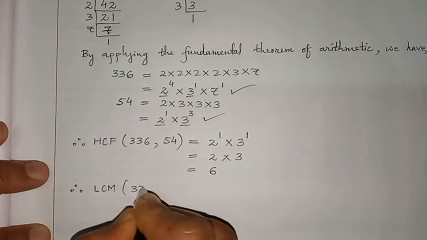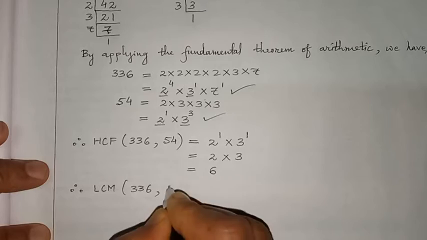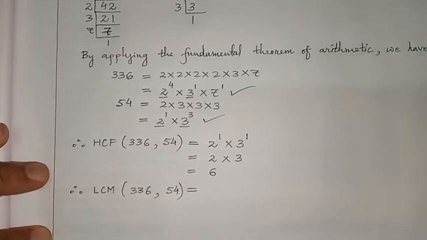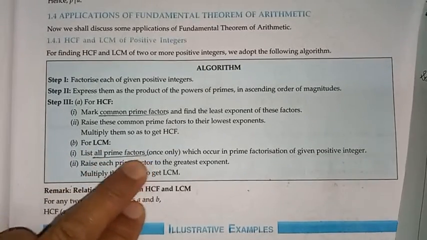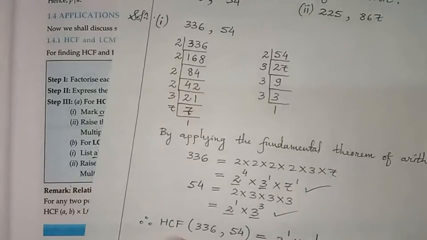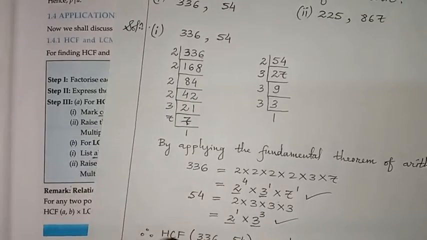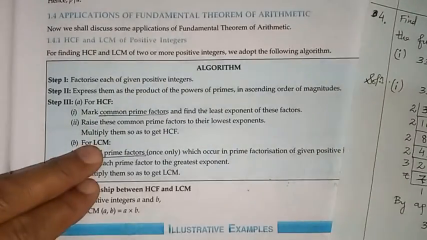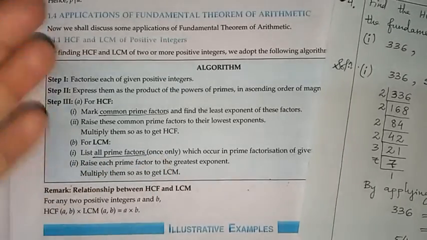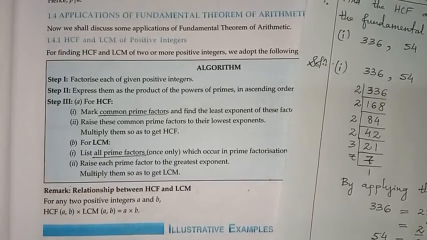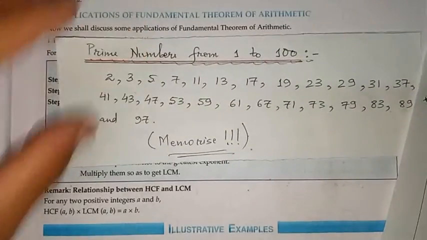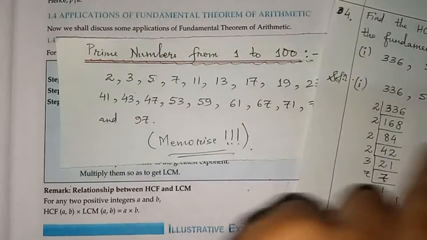LCM of 336 and 54. As explained in the last video, for LCM, list all the prime factors. For HCF, only common. But for LCM, all prime factors, common, uncommon, doesn't matter. Okay, it should only be present. Write all the prime numbers which are present in the prime factorization.